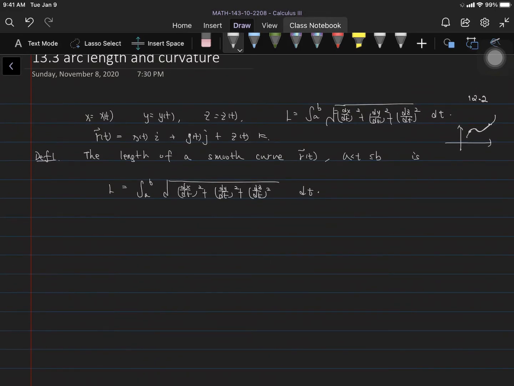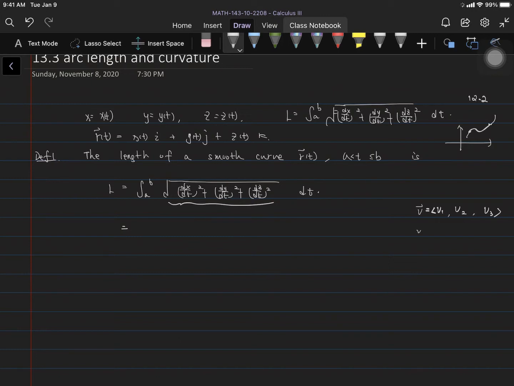Think about a vector, the vector equals v1, v2, v3. What's the length of this vector?